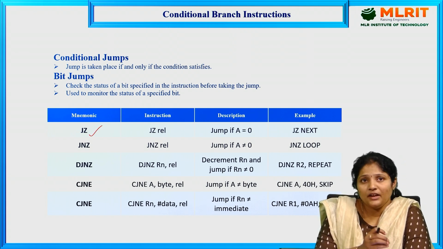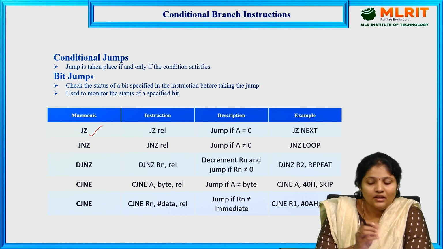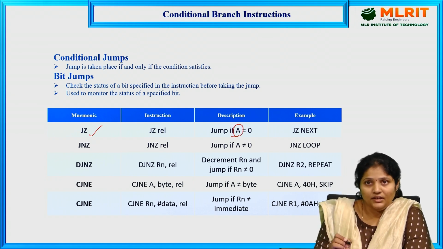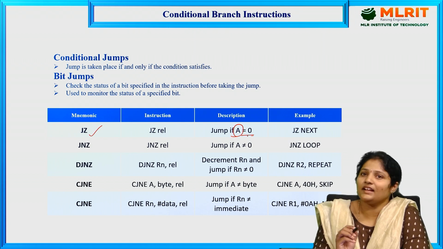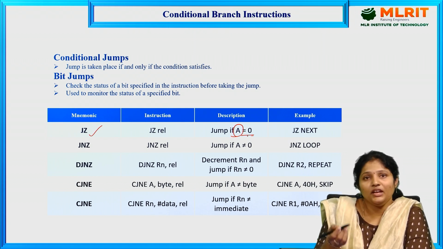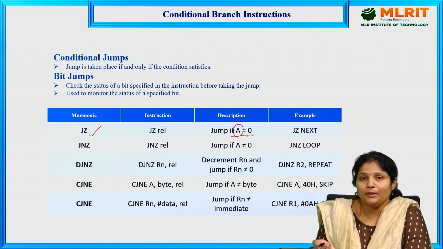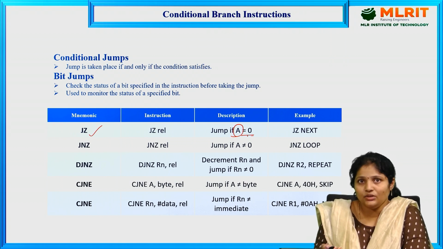What will it check? If JZ is mentioned in the instruction, it will check the accumulator register, whether A is 0 or not. If A is 0, then the condition is satisfied, so it will jump to the label or the relative address which we have specified in the instruction.